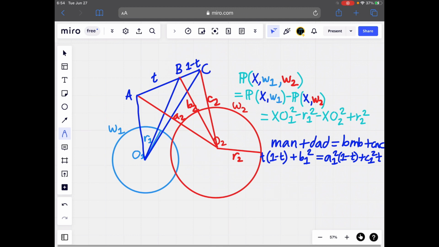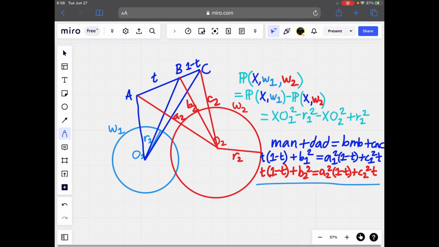We can let O2A equal A2, O2B equal B2, and O2C equal C2. Then we get from Stewart's theorem in that triangle an equation similar to the first one, but this time it'll be T times 1 minus T plus B2 squared equals A2 squared times 1 minus T plus C2 squared times T.